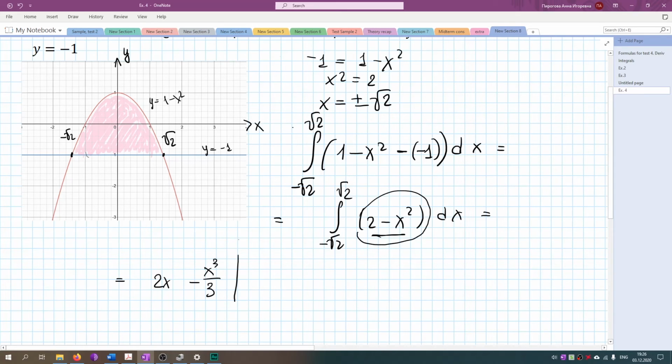On the right, we will put the boundaries of our integral. After that, it is very simple. You just take the boundary of the integral and put it into the expression instead of x.